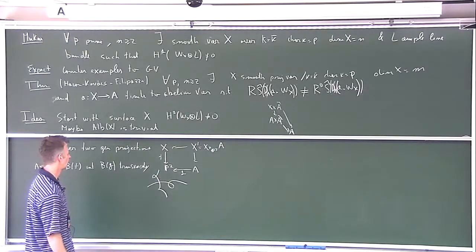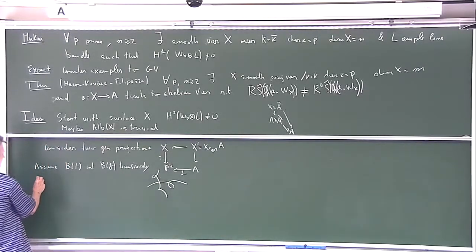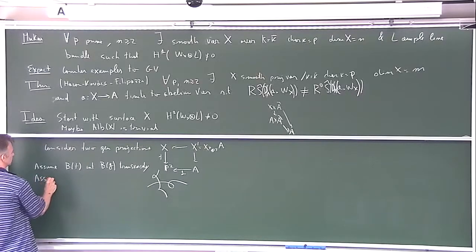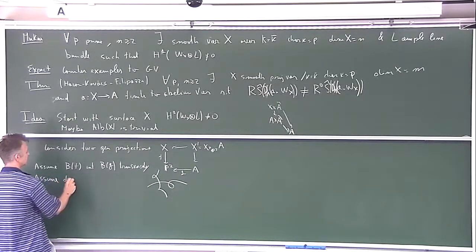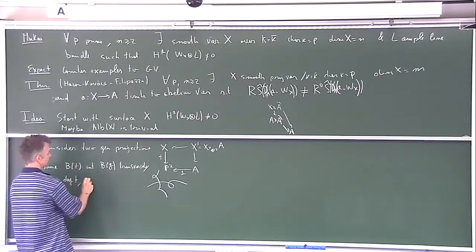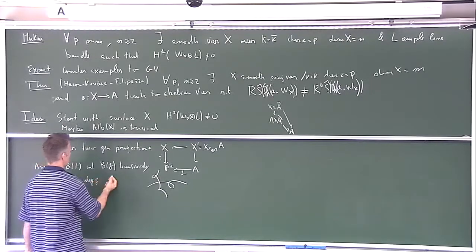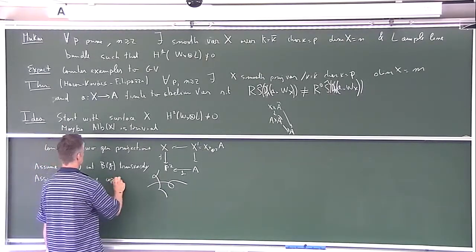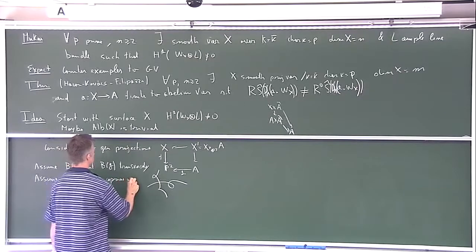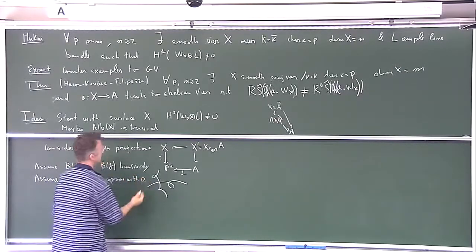Okay, so also I can arrange things such that the degree of F and the degree of G are co-prime to P. This is not completely obvious.